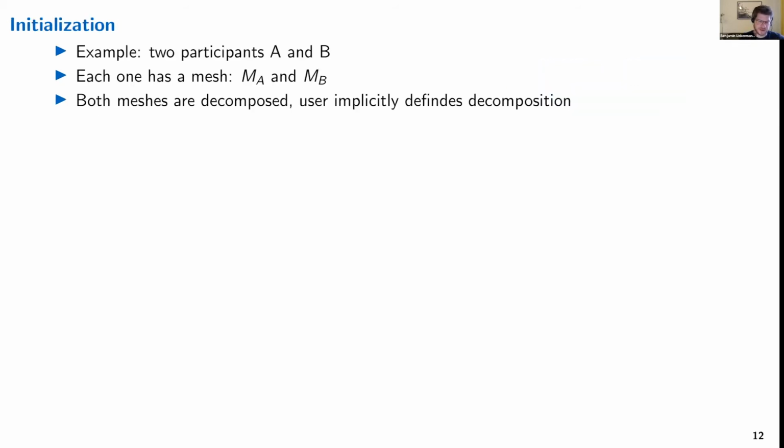Interesting to see is what we do during the initialization. So this is the costly part. The main concept here is if you want to couple two solvers, A and B, they both have their meshes, MA and MB, and they both define their own domain decomposition implicitly by just defining where their meshes are, giving this information to preCICE.